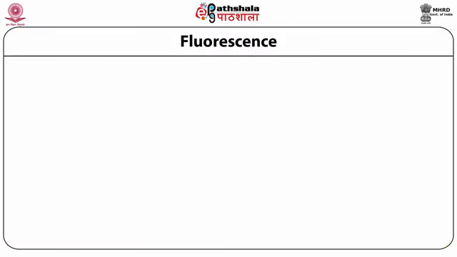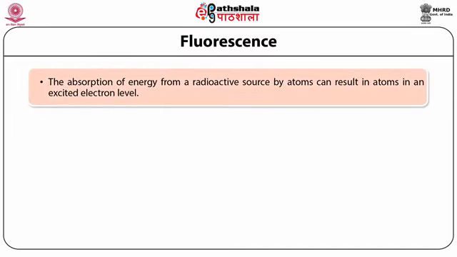So let us discuss another optical spectroscopy technique, that is fluorescence. The absorption of energy from a radiative source by the atoms can result in the atoms in an excited electron level.